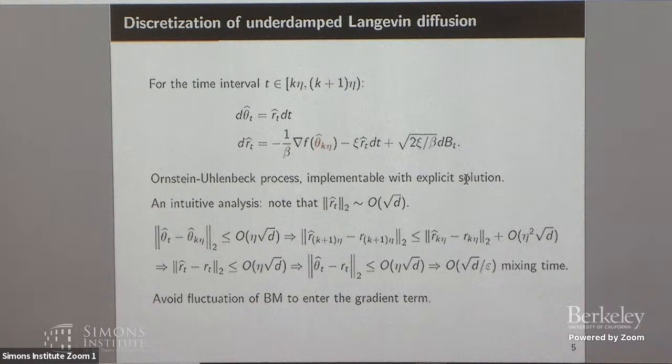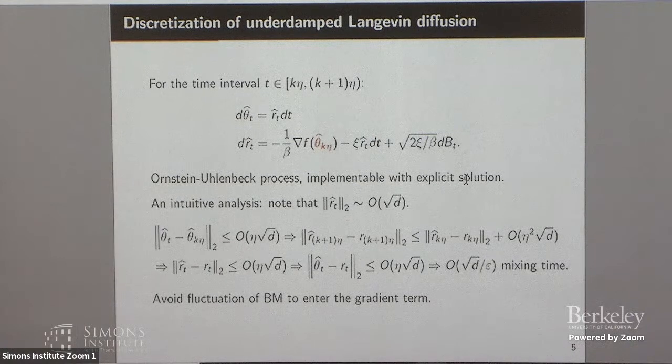And the reason why this gives root D by epsilon mixing time also follows a very intuitive analysis. So the theta process, as I just said, is much more smooth than the theta process in the overdamped Langevin diffusion, but you still pay for some dimension factor here.